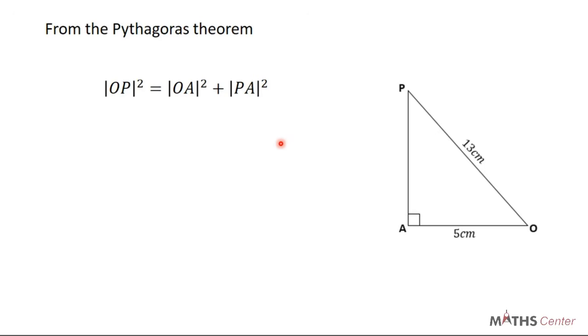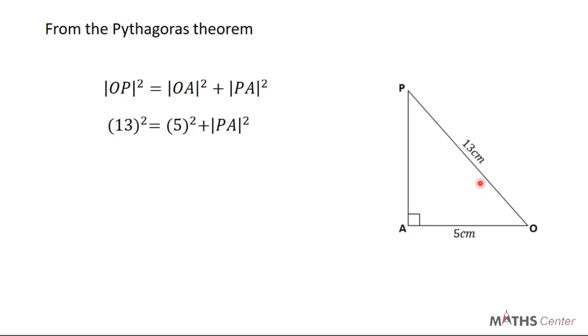We learned this in the video on mensuration, where we use the Pythagoras theorem a lot. So you can go and watch that video to understand what we mean by the Pythagoras theorem. Basically, the square of the longer side, OP squared, is equal to the sum of the squares of the other two sides, OA squared plus PA squared.